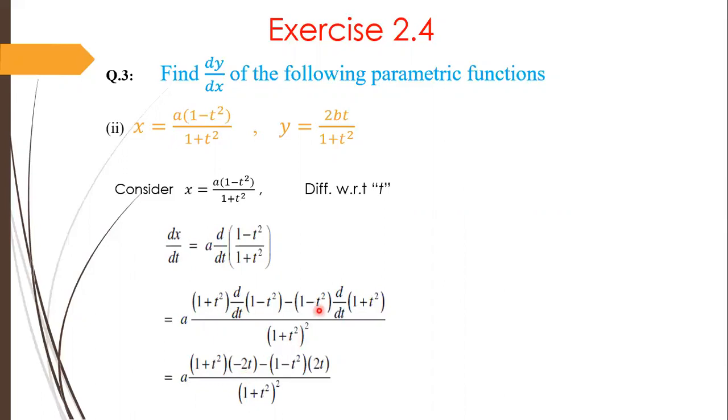And (1 minus t square) as it is, times d by dt of (1 plus t square): the derivative of 1 is 0 plus the derivative of t square, which is also 2t by the power rule.